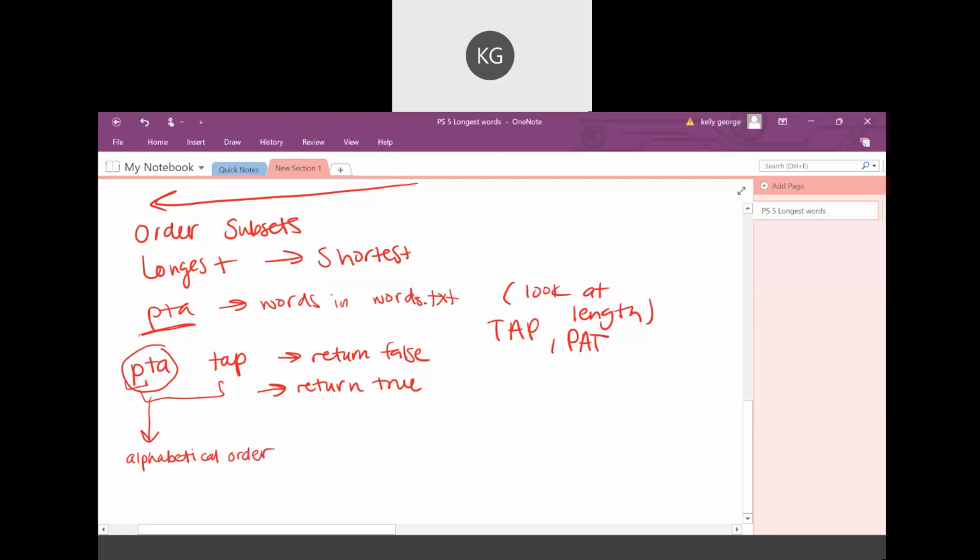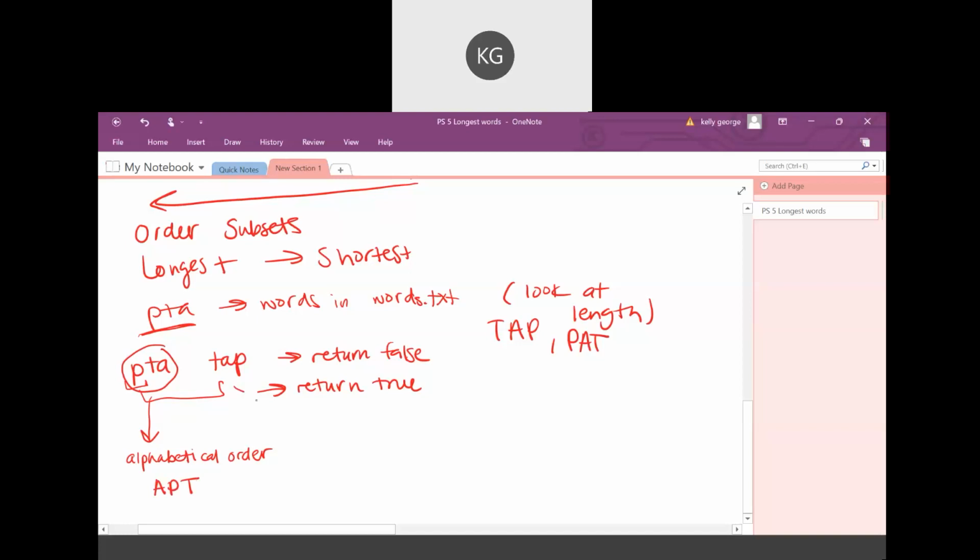What does PTA put in alphabetical order? APT.